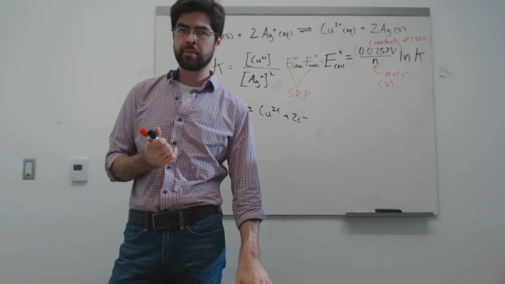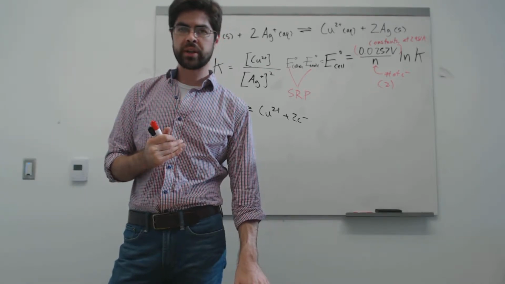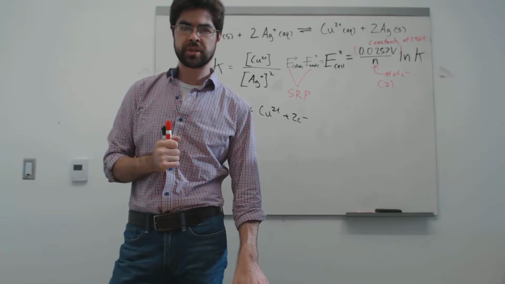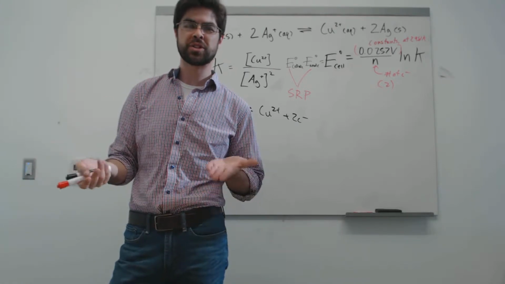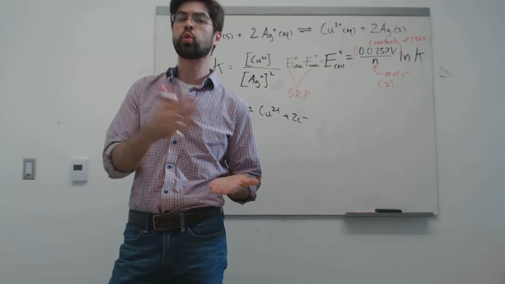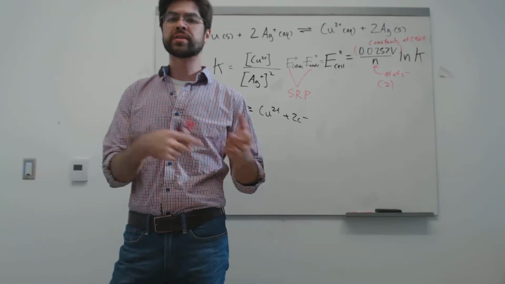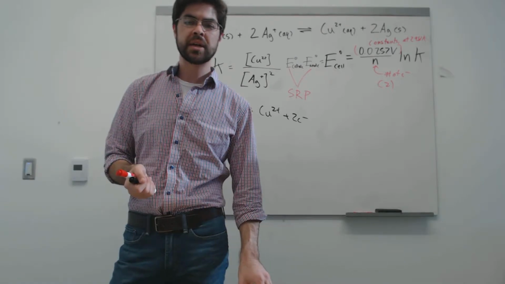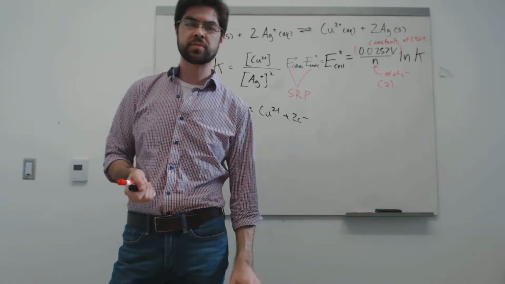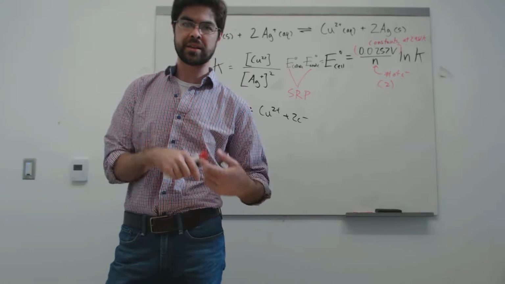There's not the same correspondence with standard reduction potentials. Just because you have twice as much material doesn't make the reaction twice as favorable. There's going to be twice as much energy released, but you would still need twice as many other substances around to take the electron.